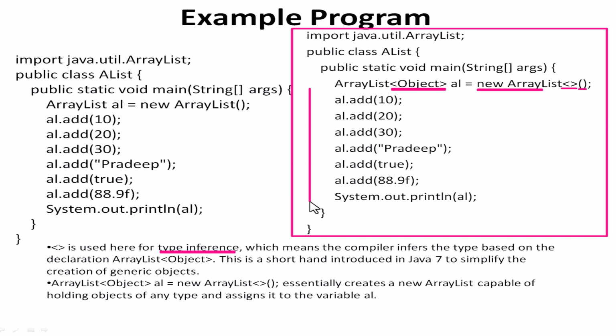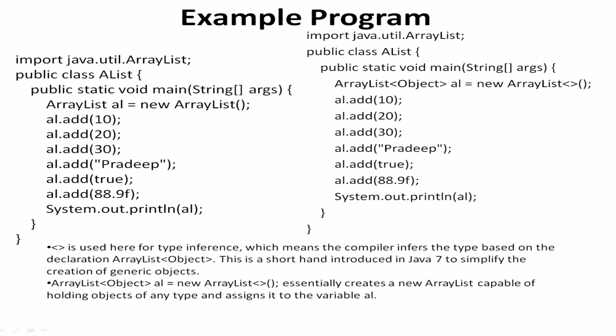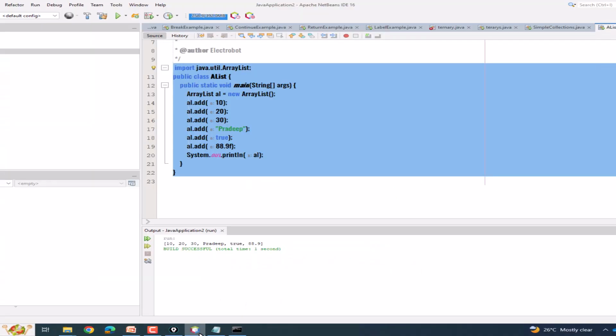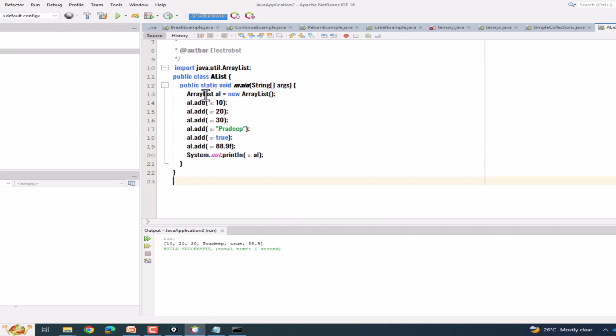Now let us modify this program by using Object, with the greater-than and less-than symbols. Now here I am going to create an object for the particular al.